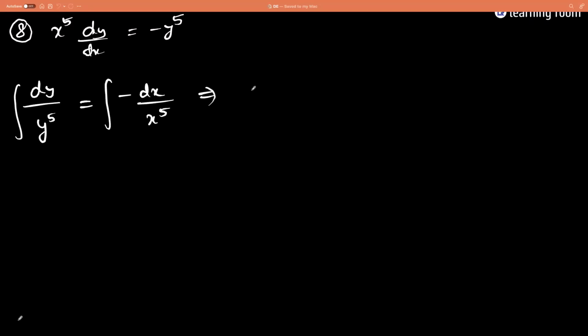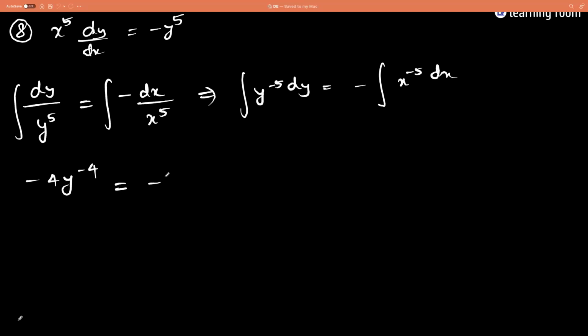This will be written as y power minus 5 dy is equal to negative of x power minus 5 dx. So y power minus 5 integrates to y power minus 4 divided by minus 4, which is equal to minus of x to the power minus 4 divided by minus 4 plus c.